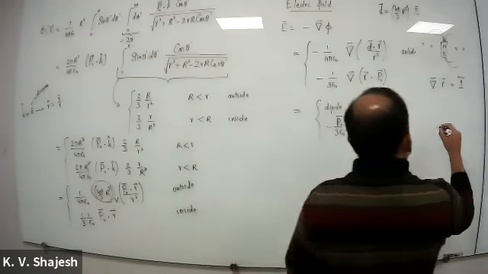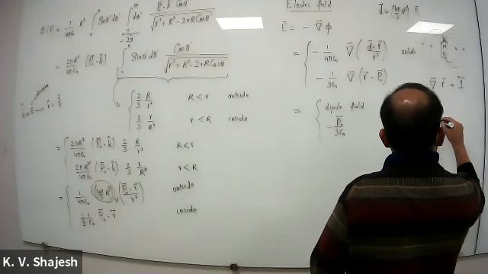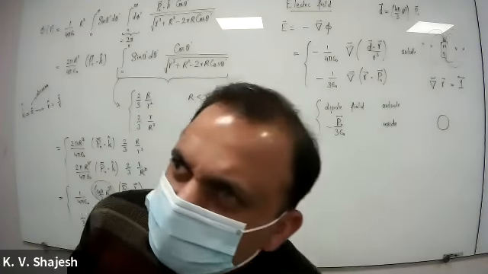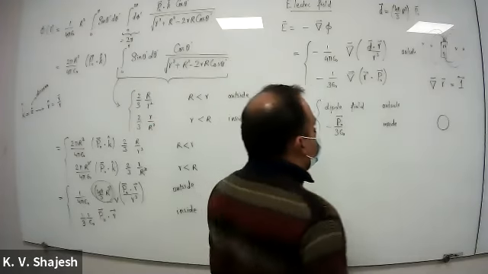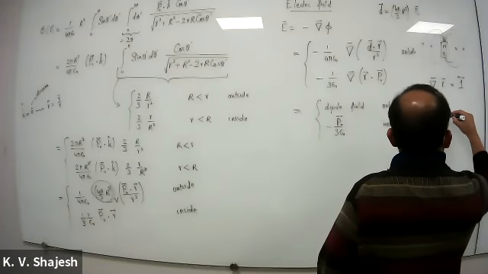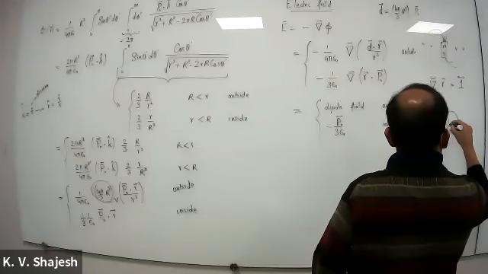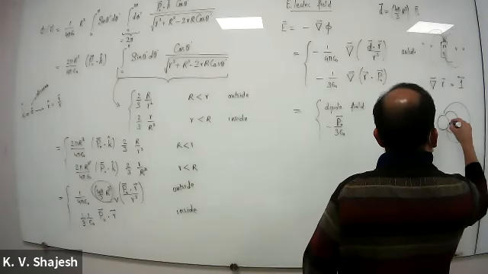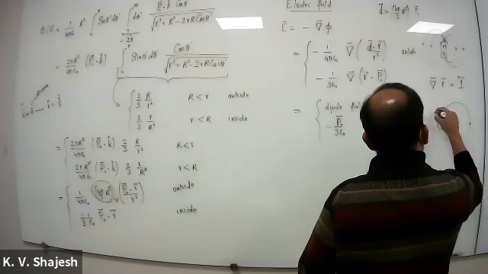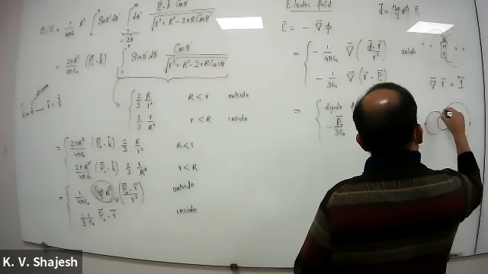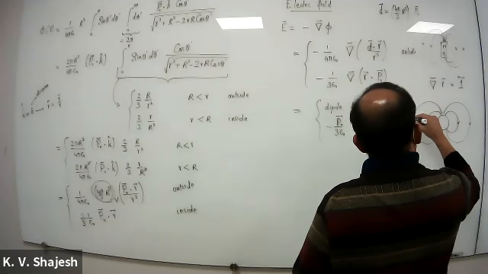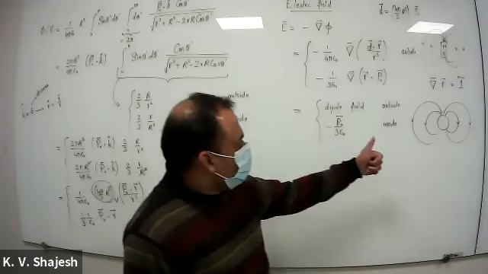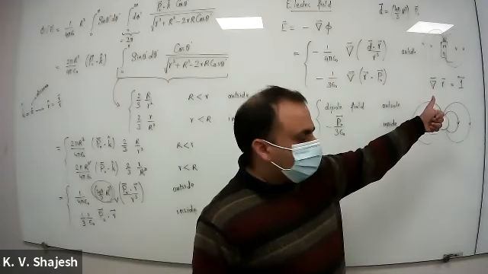If I were to do this plot, so you have the sphere here. Can they see this? Yeah. So that's your sphere. Outside is a dipole field. Right? So this is the sphere, that's your dipole field. But inside, notice the negative sign, polarization is in the up direction.